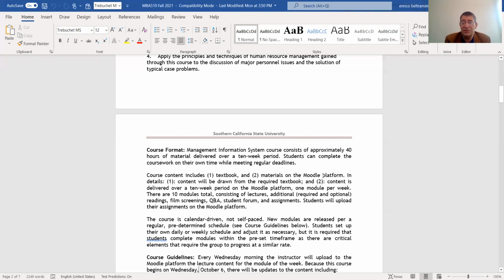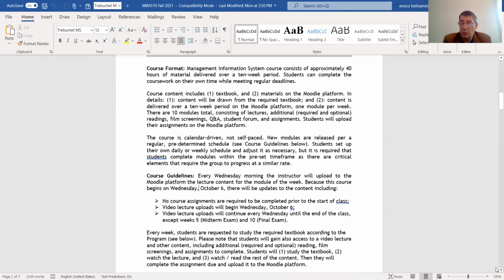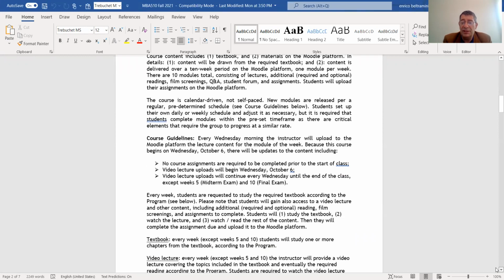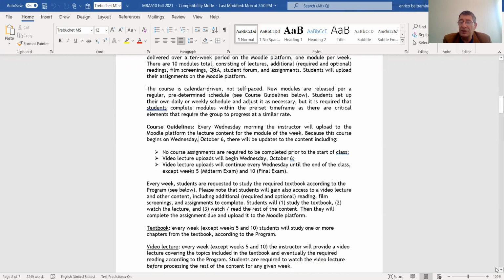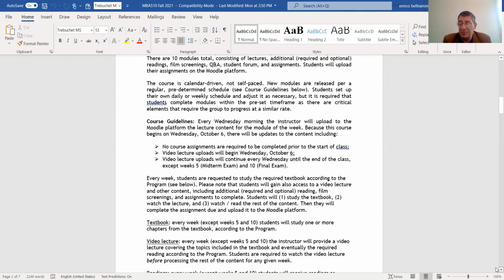You have a textbook on one side and the platform on the other side. When you go on the platform, you will see there is a lot of other material that you have to study. The class is divided in 10 weeks. As usual, the first week starts Wednesday, October the 6th, and there are some assignments. So let's go and see the assignments.